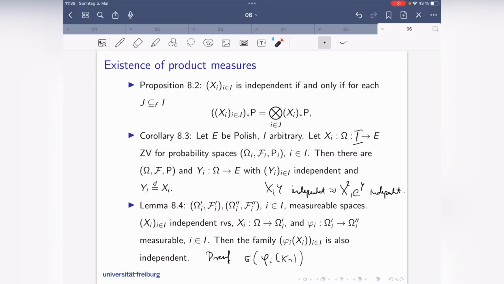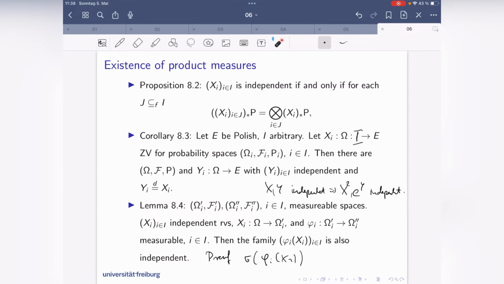And since phi I is measurable, that's a measurable subset of phi I prime, and pull that back gives a measurable subset of F on your basic probability space, but that's not what we need.